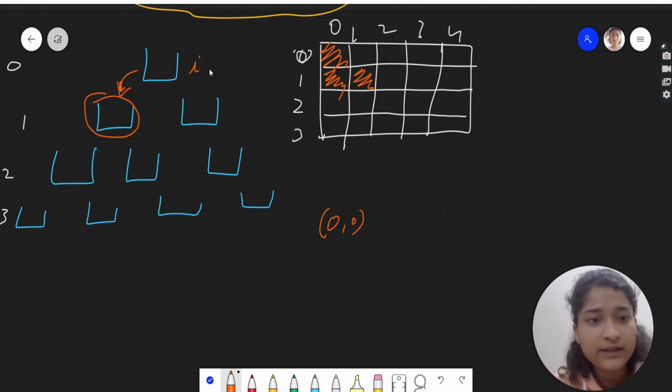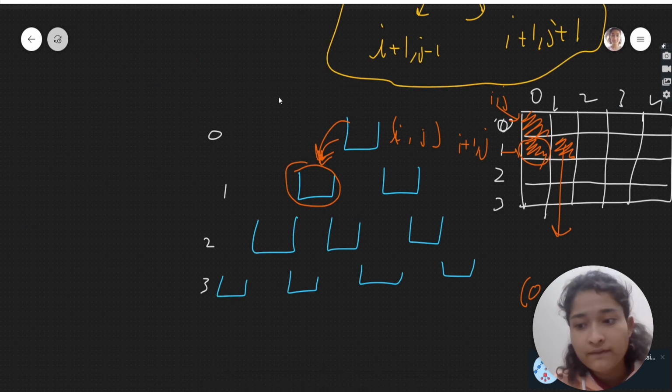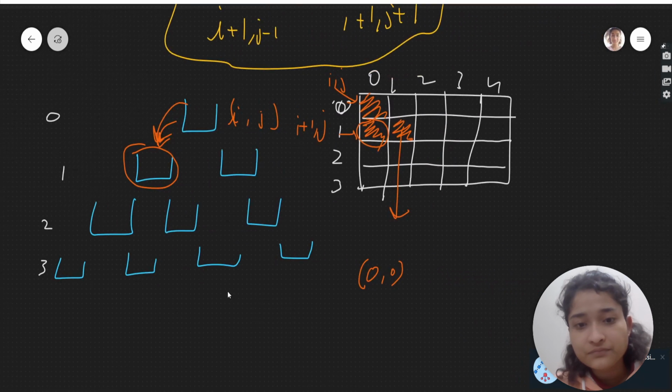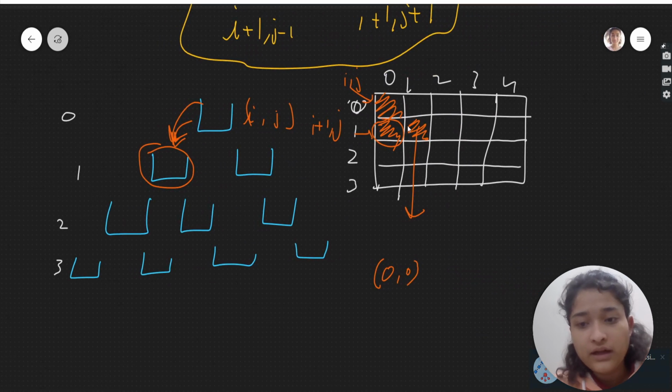If this is I comma j, its left glass will be I plus 1 comma j, the same j column but the next row, and the right glass will be I plus 1 and j plus 1, the next column.